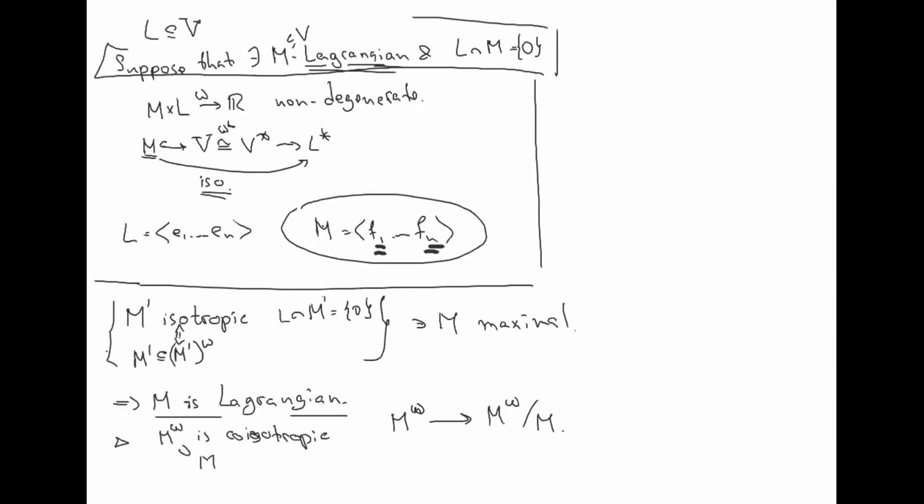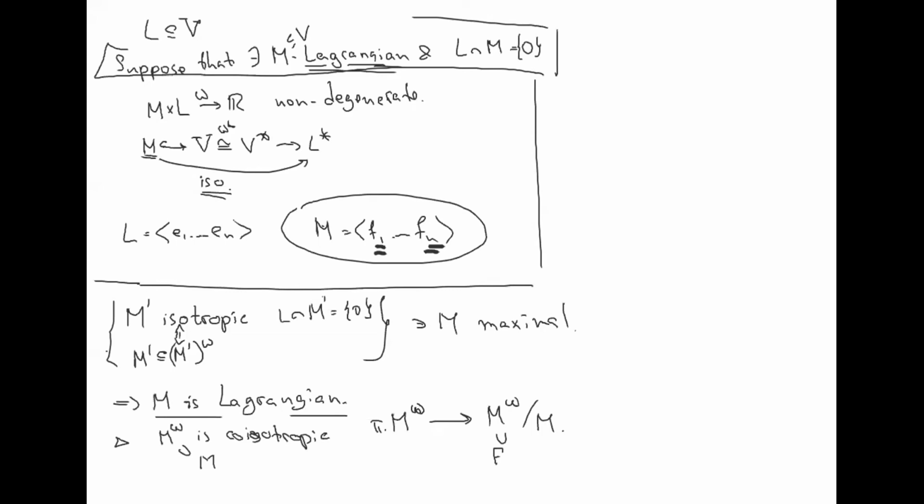So I claim that now I can take any one-dimensional F which is transversal to the projection of L here.